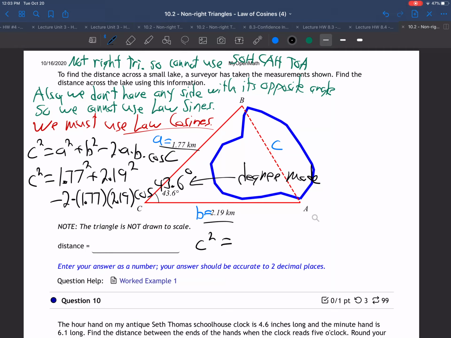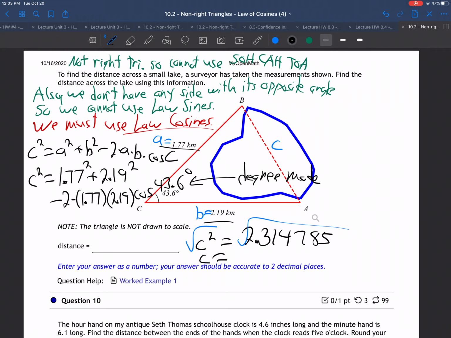Okay, 1.77 squared plus 2.19 squared minus 2 times 1.77 times 2.19 times the cosine of 43.6. I'm getting 2.314785. Now that's C squared, so I've got to root it and get my value for C. I'm going to hit second square root.